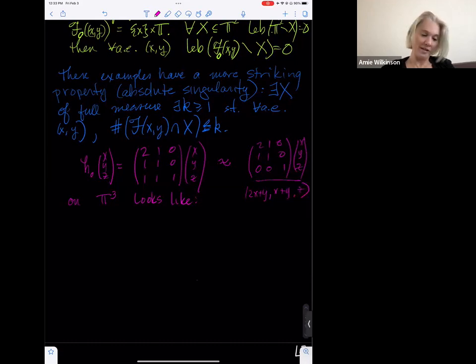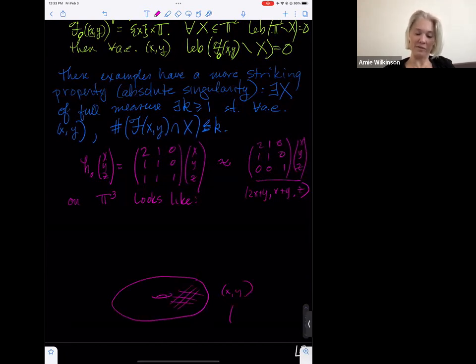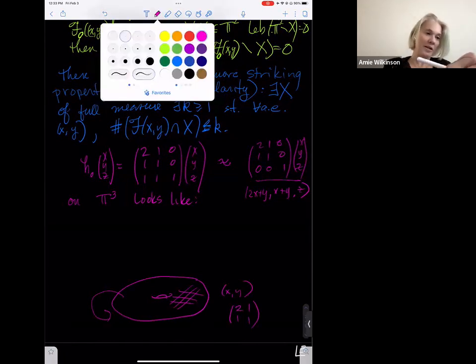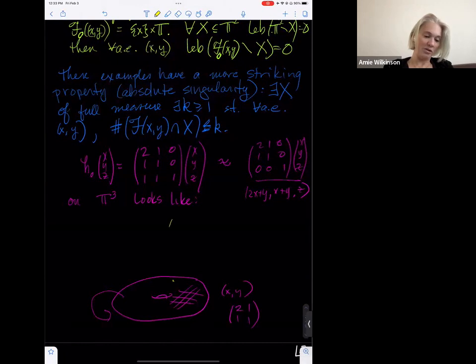In the first two coordinates, the xy coordinates, it's this map of the torus given by the cat map matrix 2, 1, 1, 1. So it's a hyperbolic linear automorphism. It's an Anosov automorphism of the torus. But then, of course, there's a z coordinate. And so over every point x, y, we have a circle.